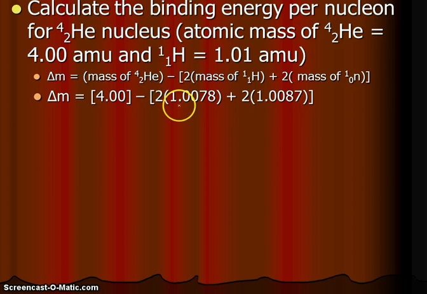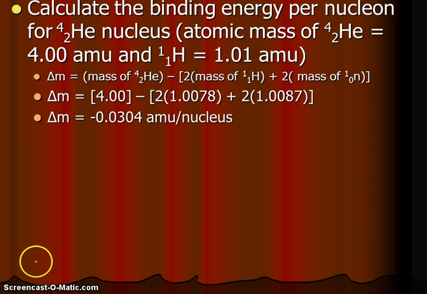So we'll take 2 times 1.0078 AMUs, and that's for our proton, plus 2 times 1.0087 AMUs, which is for our neutron. And again, these values just came off the table. We'll subtract it from the AMUs for a helium nucleus. And again, we're going to notice that we lose mass. And that's AMUs per nucleus.